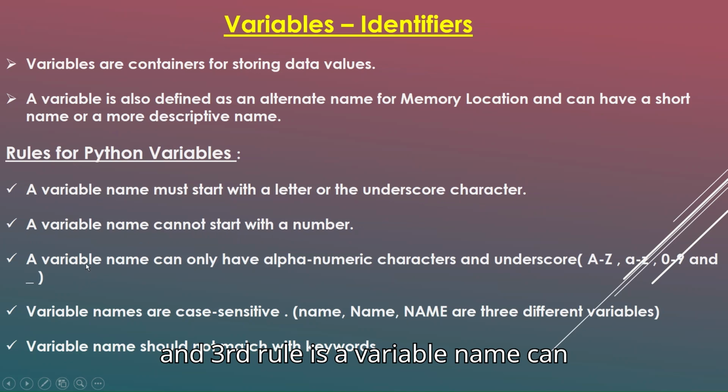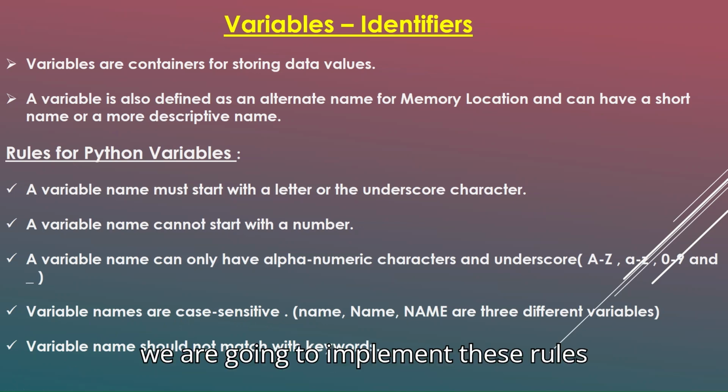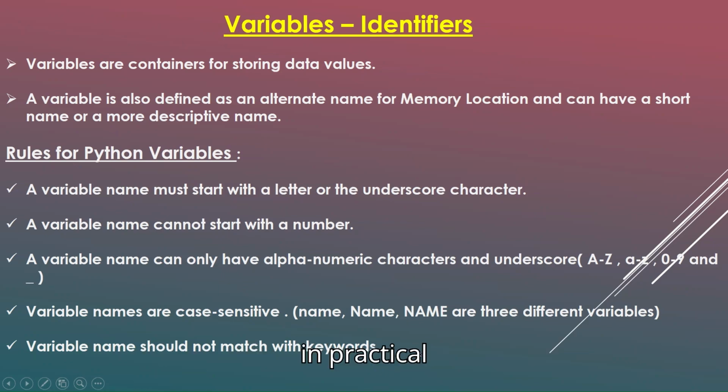The third rule is a variable name can only have alphanumeric characters and underscore. The fourth rule is variable names are case sensitive. The fifth rule is a variable name should not match with keywords. Now we are going to implement these rules in practical.